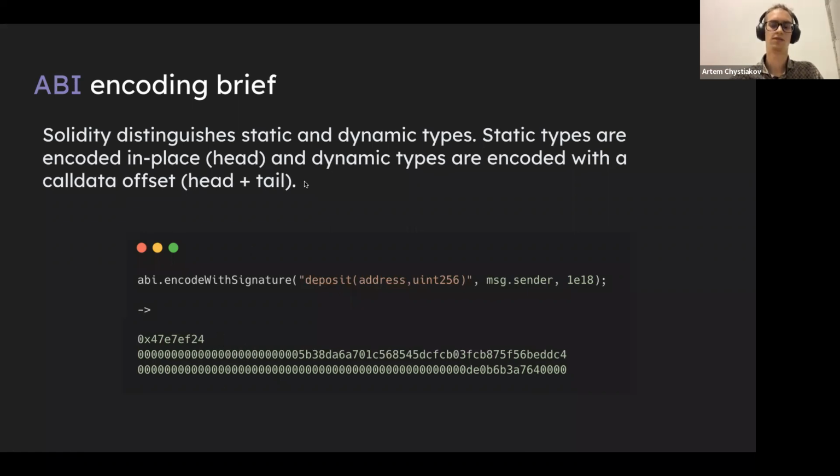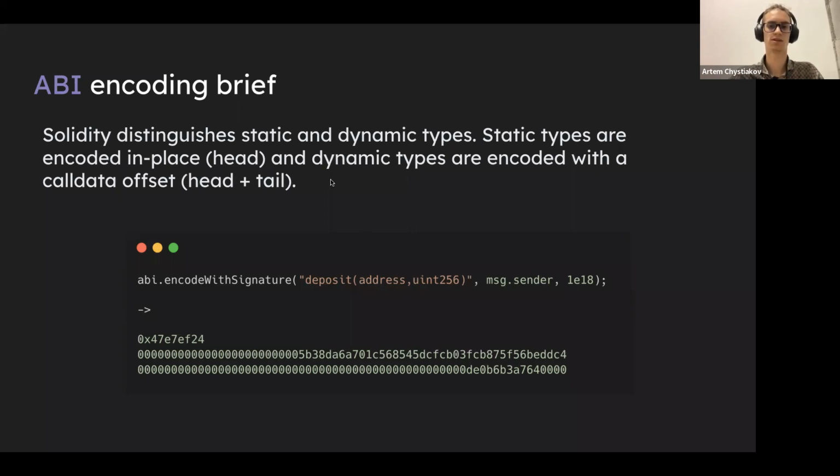But if the ABI encoder sees a dynamic type, so a dynamic type is, for example, a dynamic array, a struct with dynamic arrays, bytes and strings. So bytes, strings, dynamic arrays, and tuples with dynamic types inside. So these are all dynamic types.